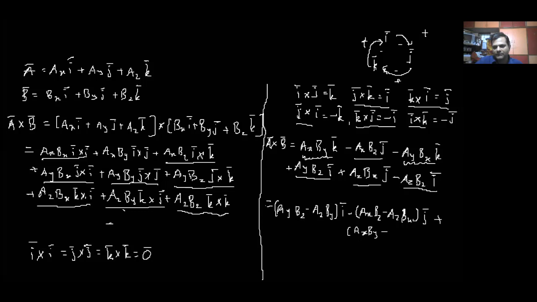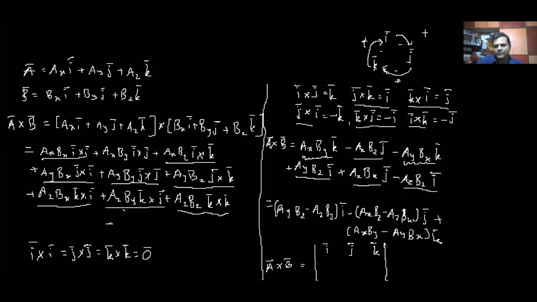And then finally this takes the form of a determinant, so that you can write a bar cross b bar finally as an expansion of a determinant whose first row can be occupied by this i bar, j bar and k bar.